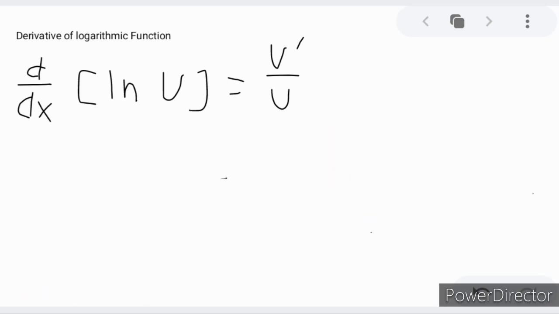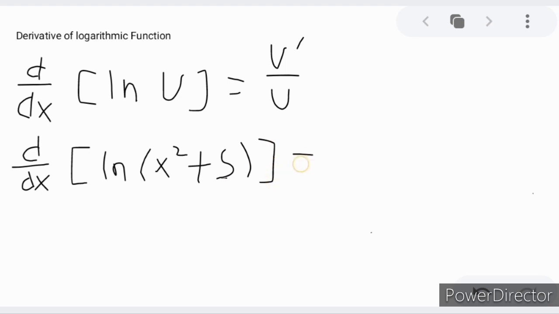Okay, let us proceed to our next example. So the derivative of ln of x squared plus 5.